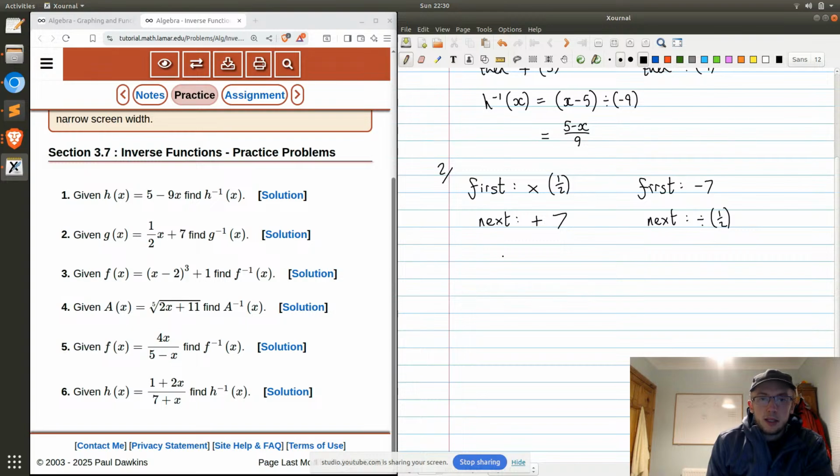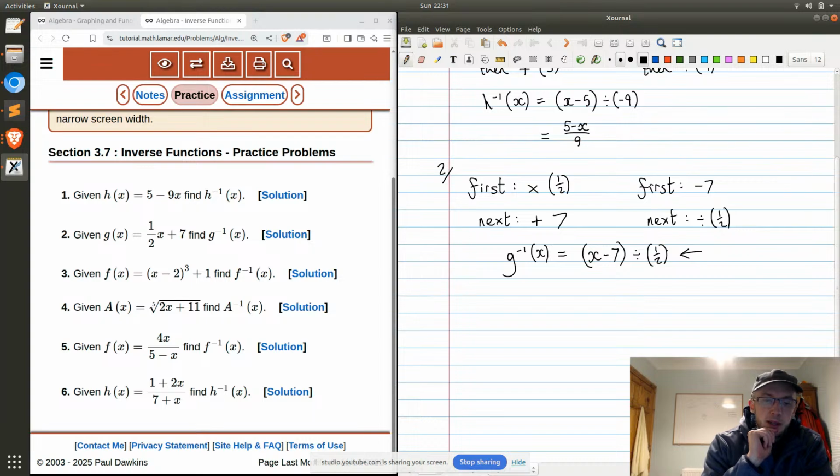So what does that look like? So I write inverse g of x. First, I have to subtract 7. Okay. So I write x minus 7 and put it in brackets. And then I have to divide by 1/2. Okay, just like that. But people don't like the look of this. It doesn't look very pleasant.